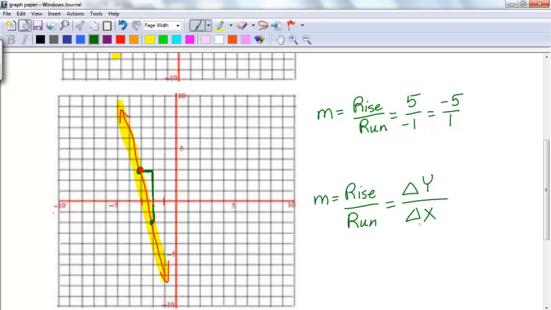That Greek letter delta stands for the change in y, the rise, the up and down values, count spaces, over the change in x, and that's the run.